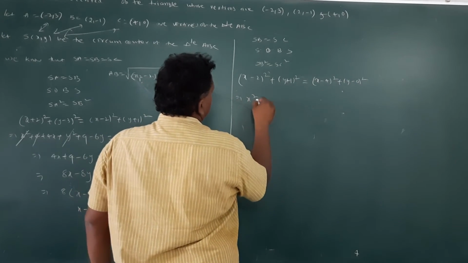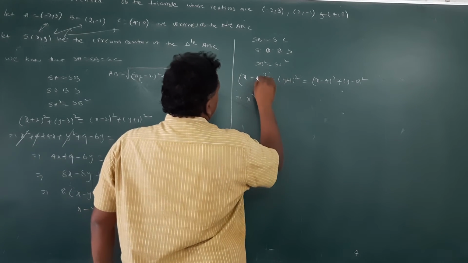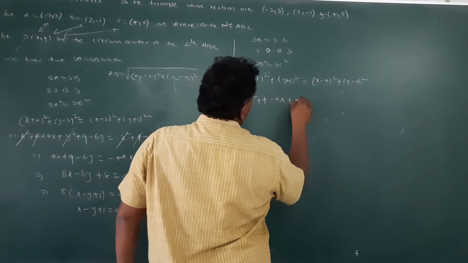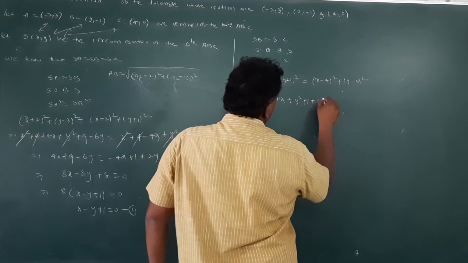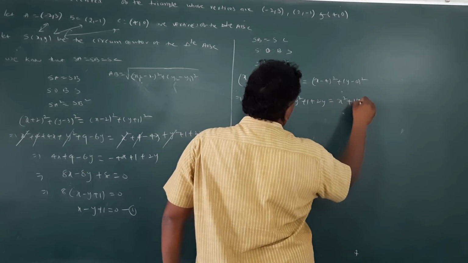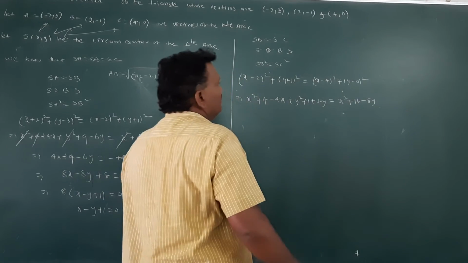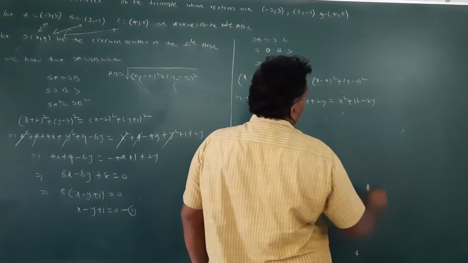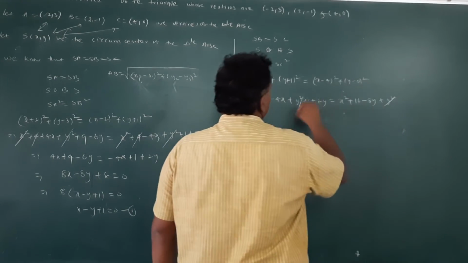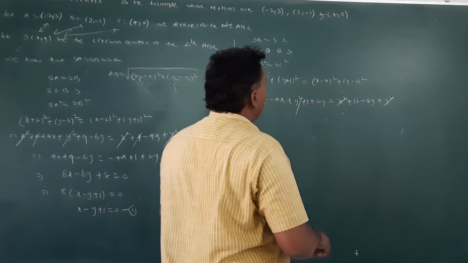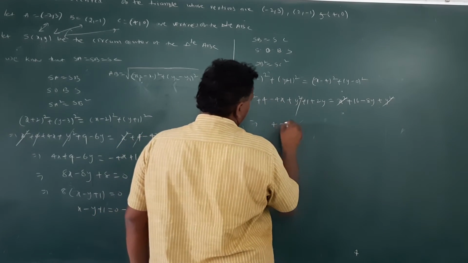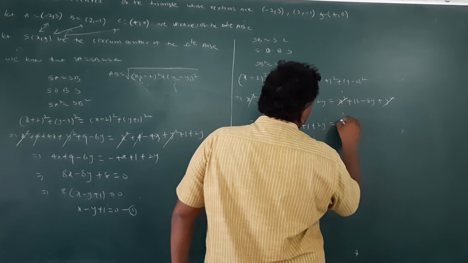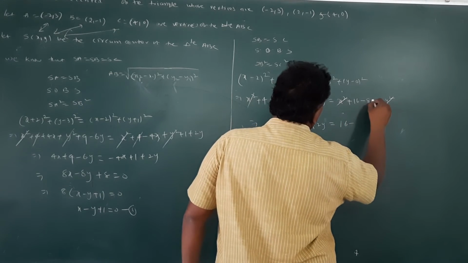We write x square, 2 square is 4, and 2ab is 2 2s are 4x. y square plus 1 plus 2y is equal to x square plus 16 minus 8y. x square cancels, y square cancels. The remaining terms: 4 minus 4x plus 1 plus 2y is equal to 16 minus 8x.